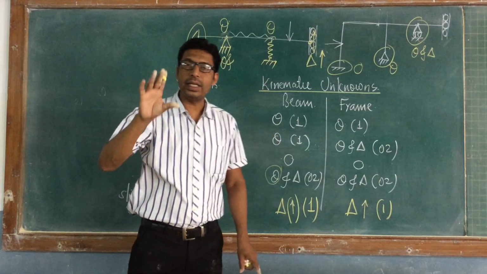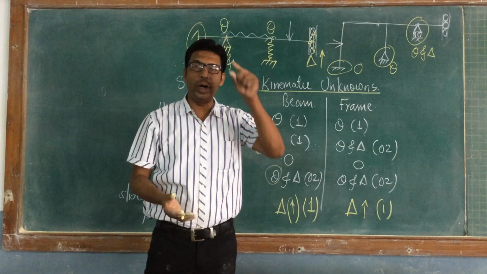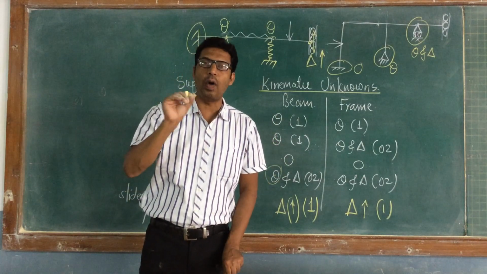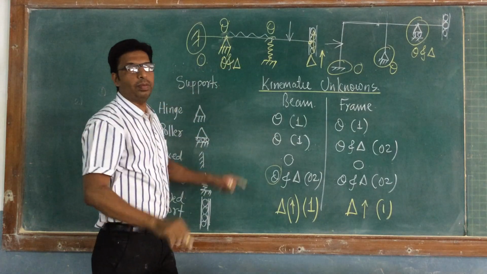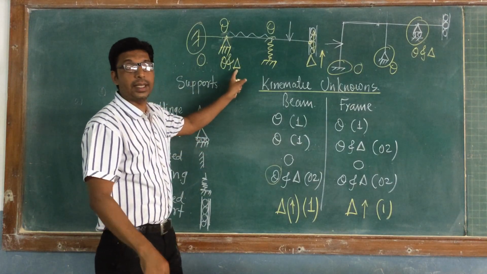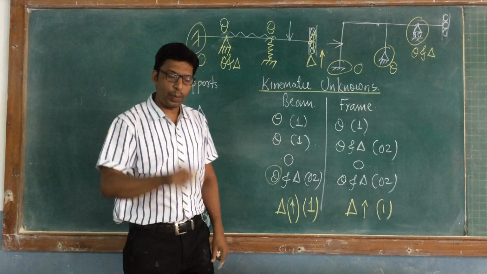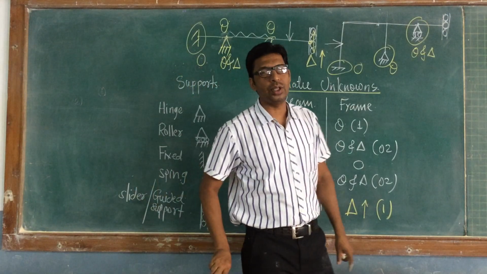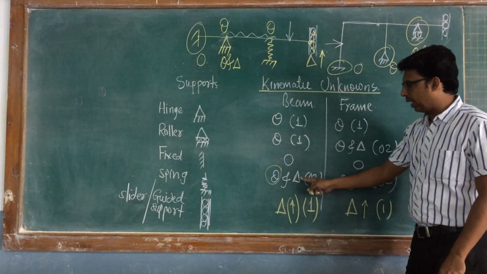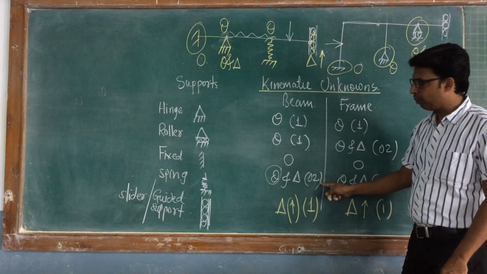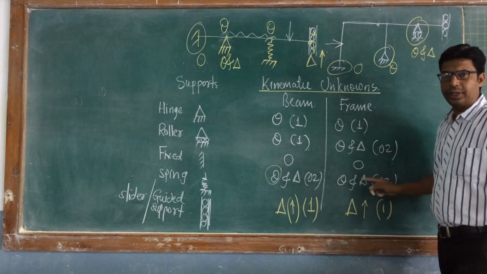And since the spring will compress because of vertically downward forces, the spring will deform. The vertical deformation of the spring, that is delta, is the second unknown. So if a spring support is used in a beam or frame structure, there are two unknowns, theta and delta. Same in case of a frame, theta and delta.